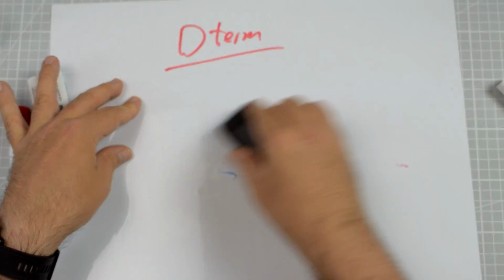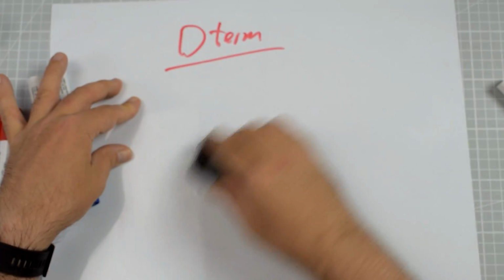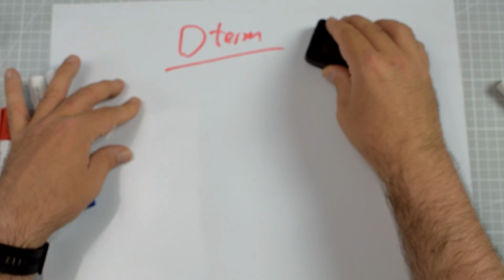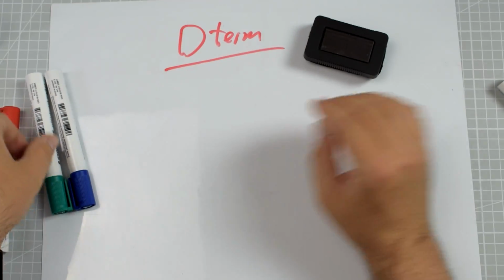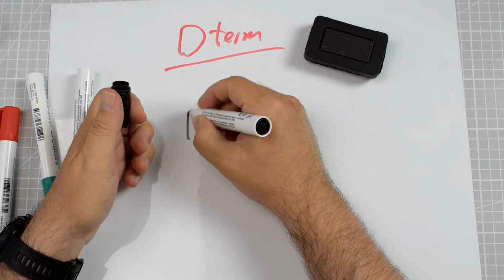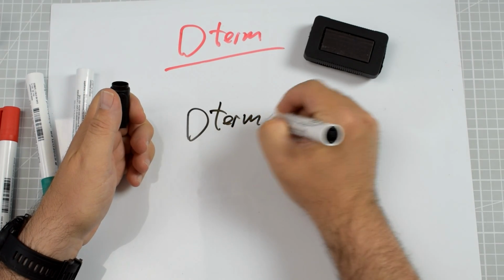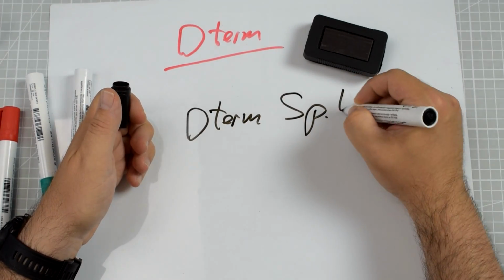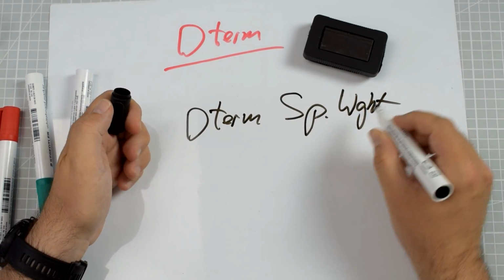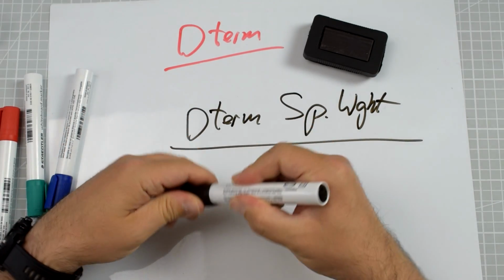The second one, that currently we have to call 100% legacy, was using something called the D-term setpoint weight.